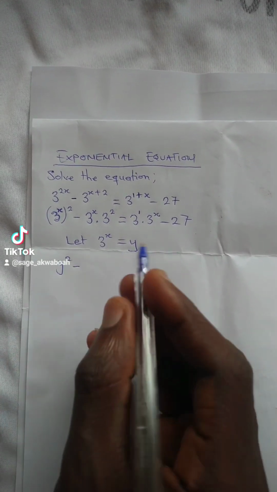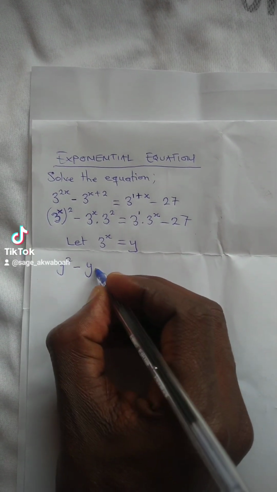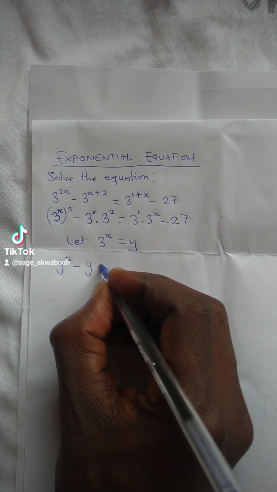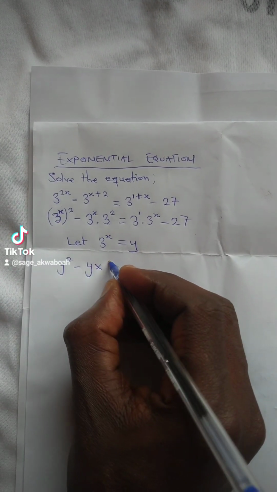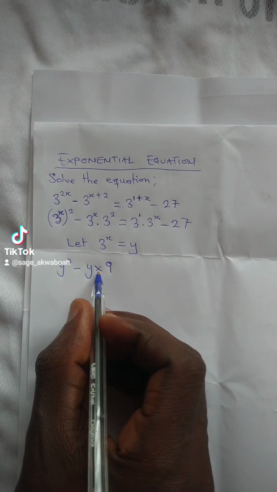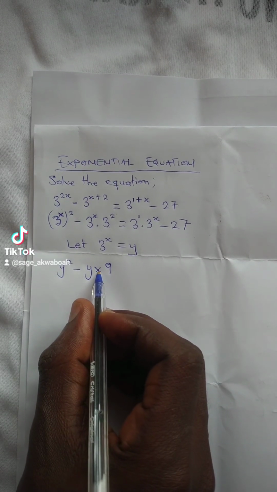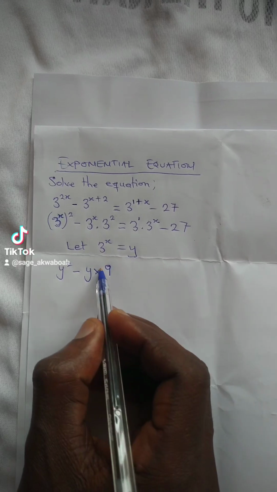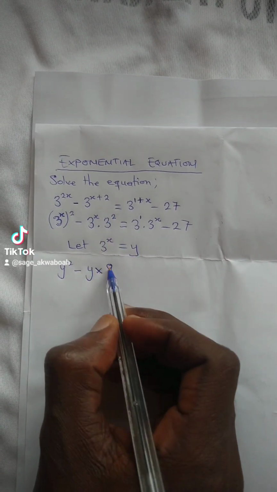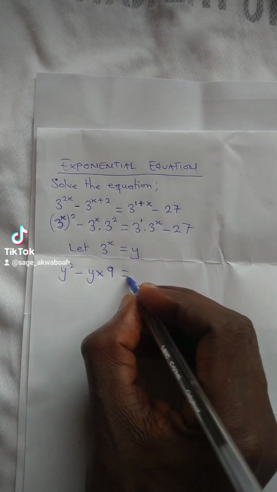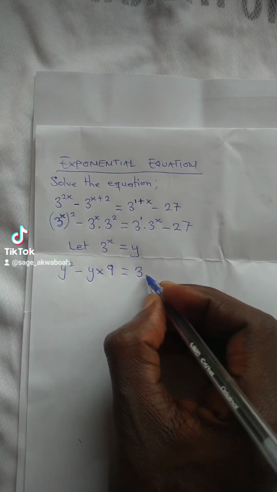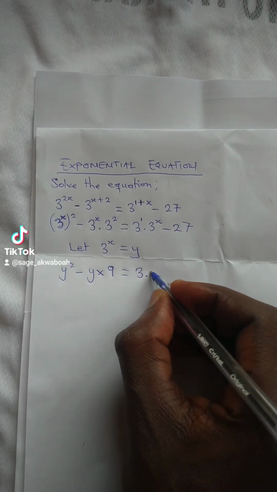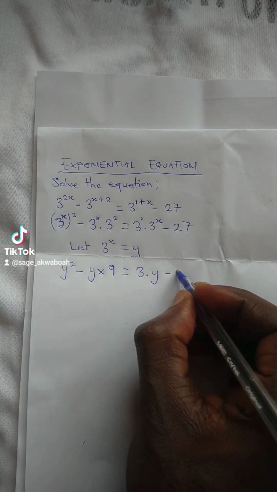So that will be y times 9. Okay, you can put the dot there. It is the same. So that is y times 3 squared, that is 9, is equal to 3 times y minus 27.